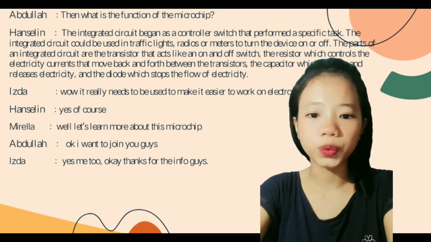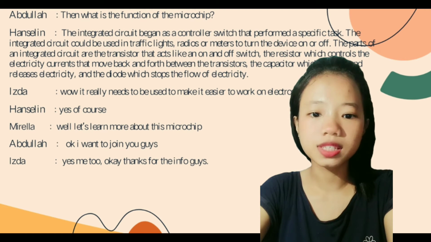The integrated circuit began as a controller switch that performed specific tasks. The integrated circuit could be used in traffic lights, radios, or meters to turn the device on or off.